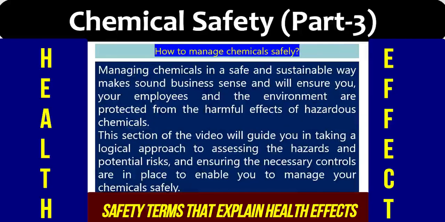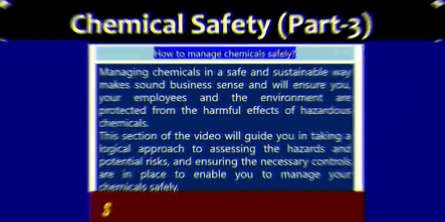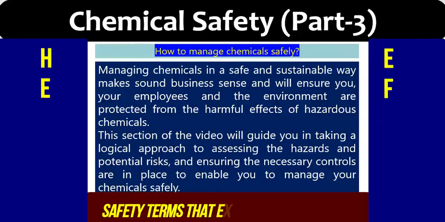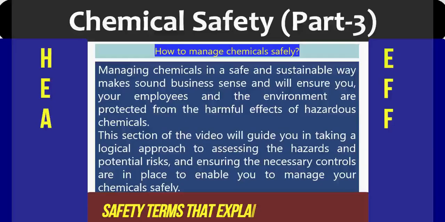Let us understand now how to manage chemicals safely at work. Managing chemicals in a safe and sustainable way makes sound business sense and will ensure your employees and the environment are protected from the harmful effects of hazardous chemicals.